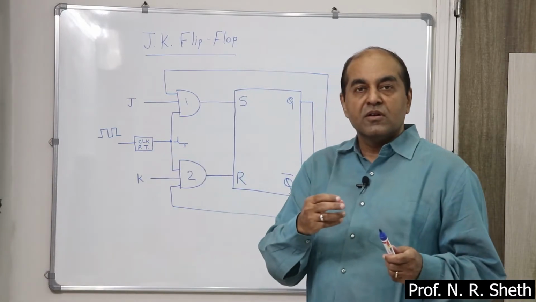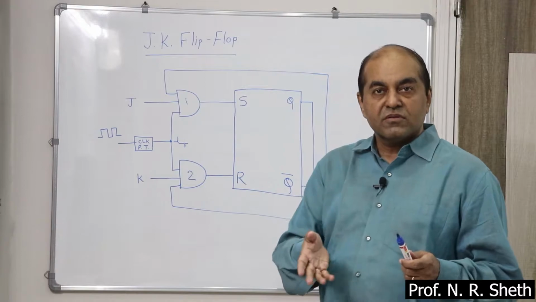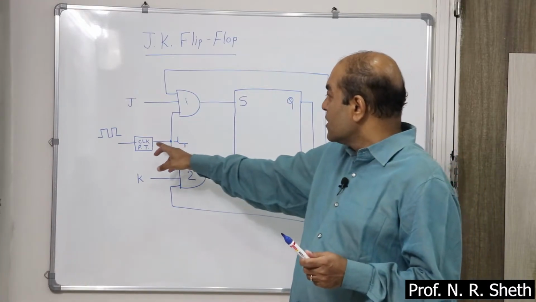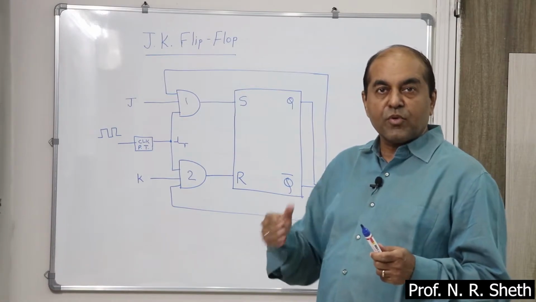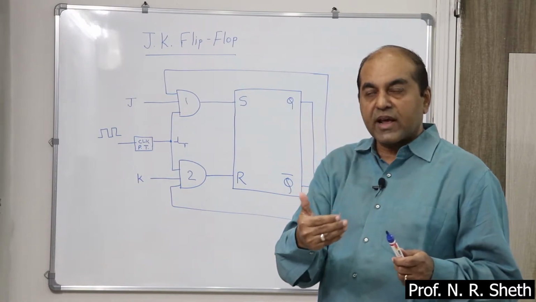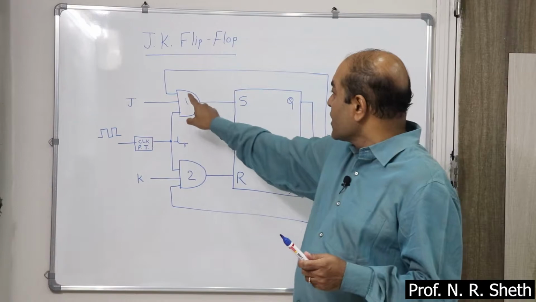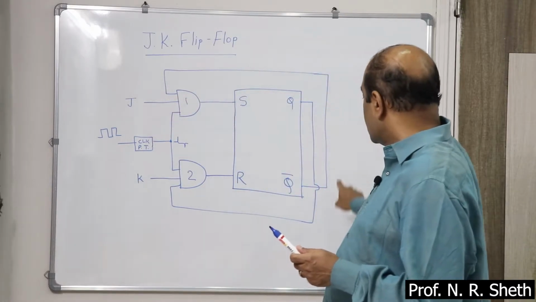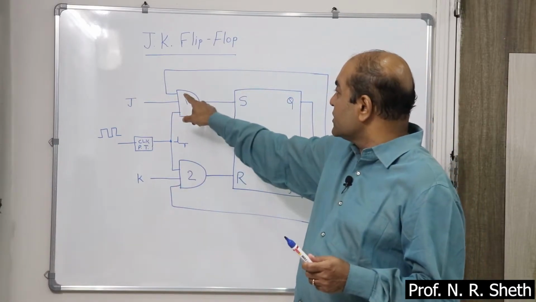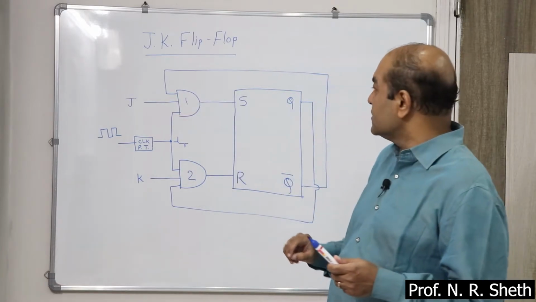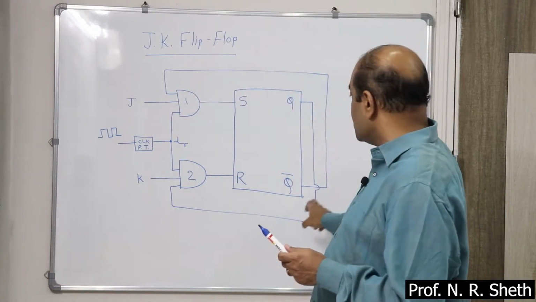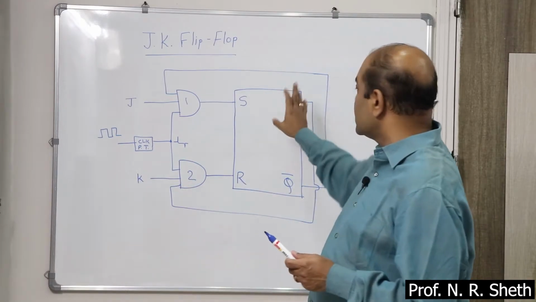PT means positive transition. The square wave is converted into a spike. So when the positive edge triggered pulse arrives, this circuit responds. And the third input is connected with the output in the following way: as far as the first AND gate is concerned, this is connected with Q bar and this one is connected with Q.